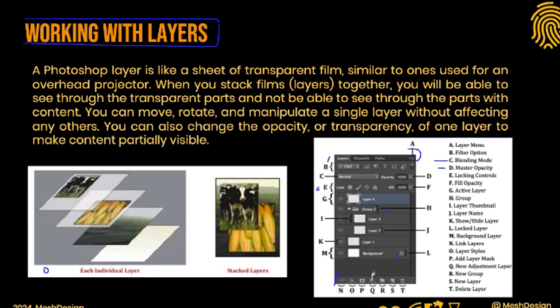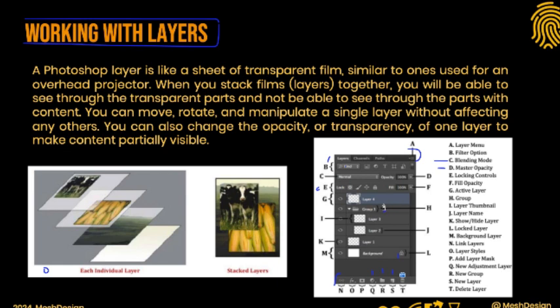And Q is to add a new adjustment on a particular layer. I'll show you what it does too. This one, if you see it in Photoshop, is for adjustment, and then R is for group, S for new layer, and then T to delete layer.